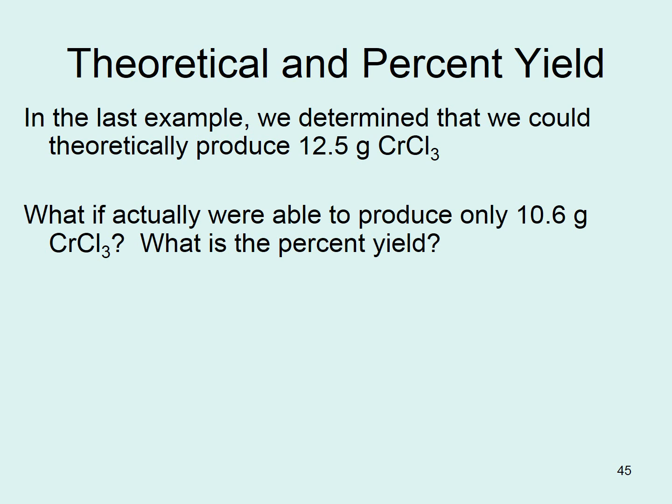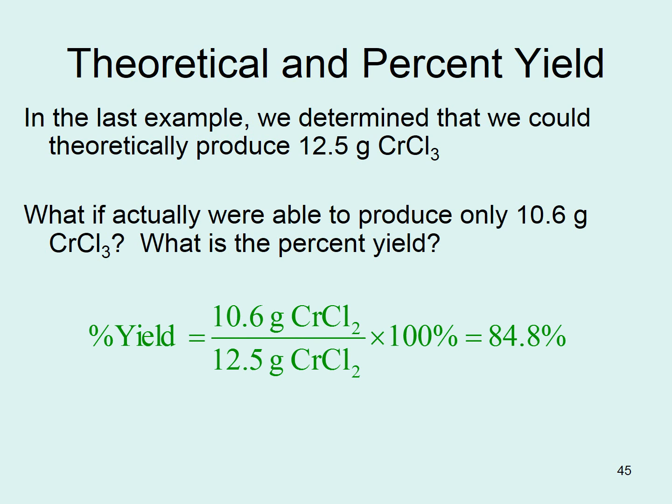What's the percent yield? Well, it's just the actual yield, 10.6, divided by the theoretical yield, how much we could possibly make, times 100%. So we collected about 84.8%, about 85% of what we could have. And that's a pretty good ratio in industry. They try to get, of course, as close to 100% as possible, but you're never going to get 100%.